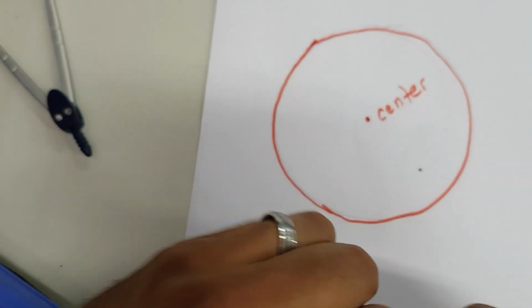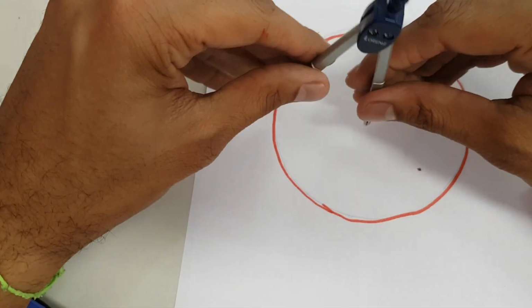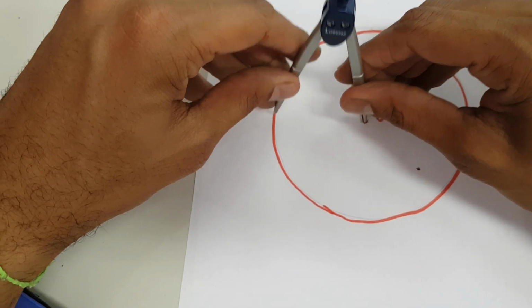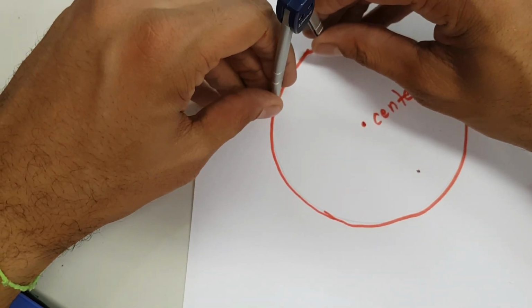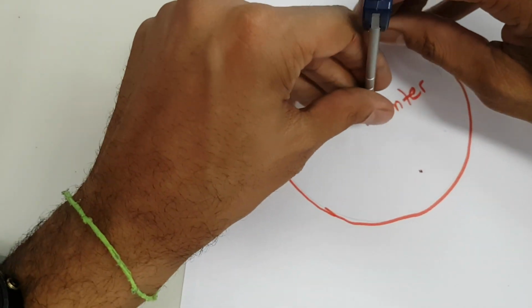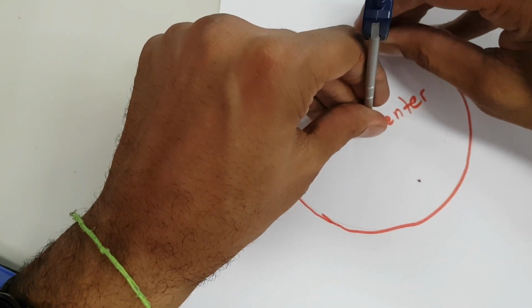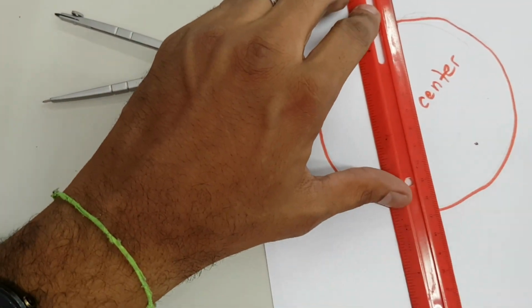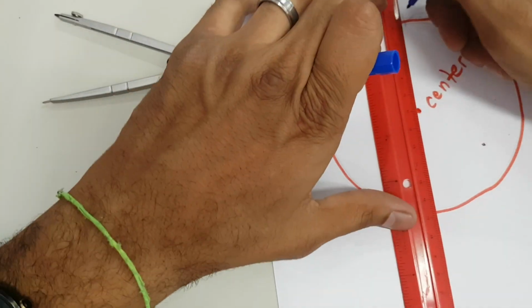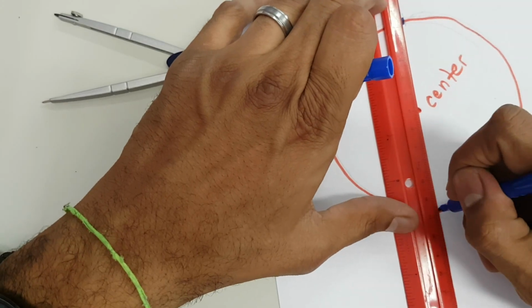Now what I can do is take my compass and try to make 6 points that are about the same length. Let me make 1 point here, and then 1 point straight across from it, and I'll make another one there.